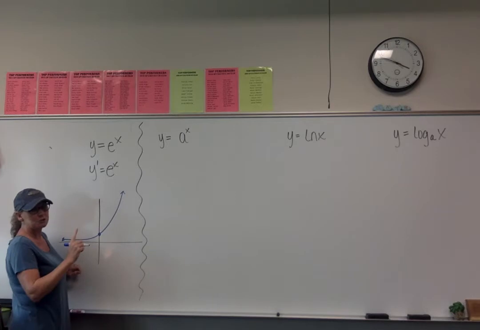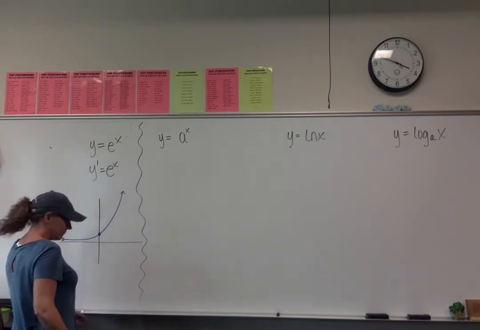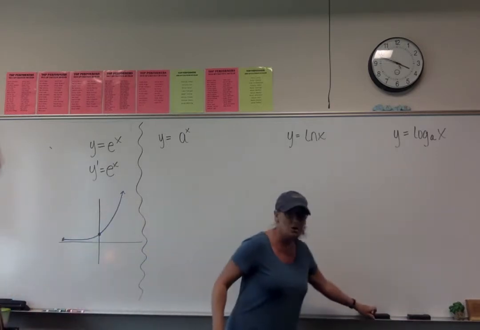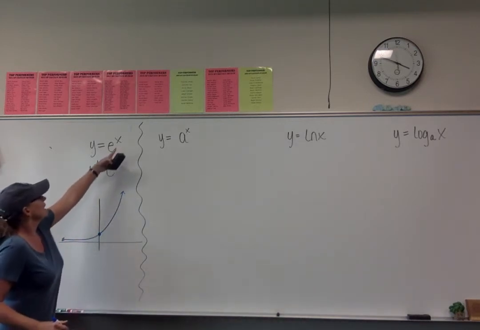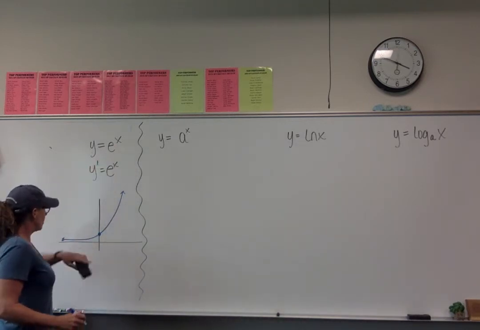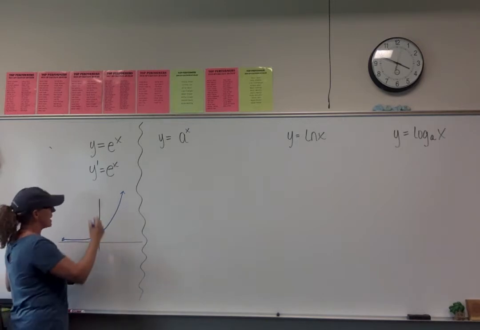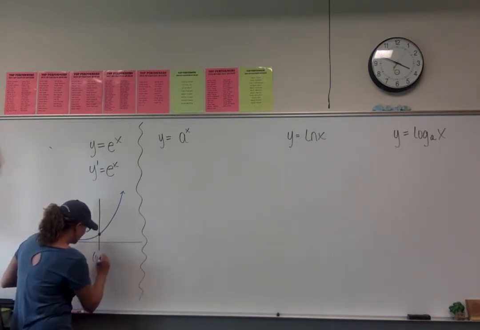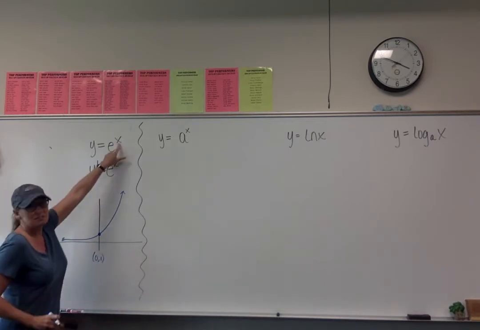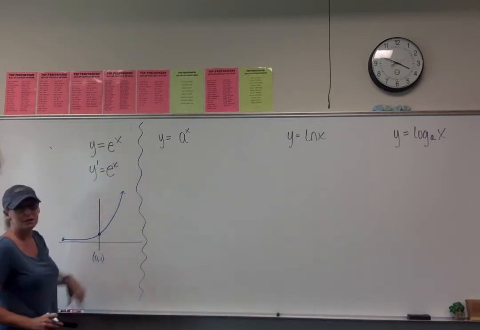You were automatically supposed to know that any exponential equation, with any base passes through the point 0, 1. So you all know that when x is 0, y is 1.